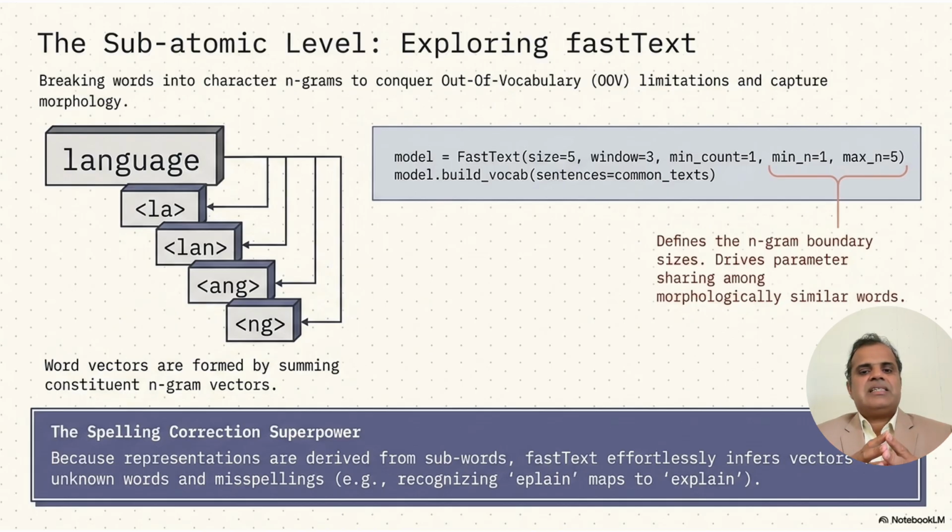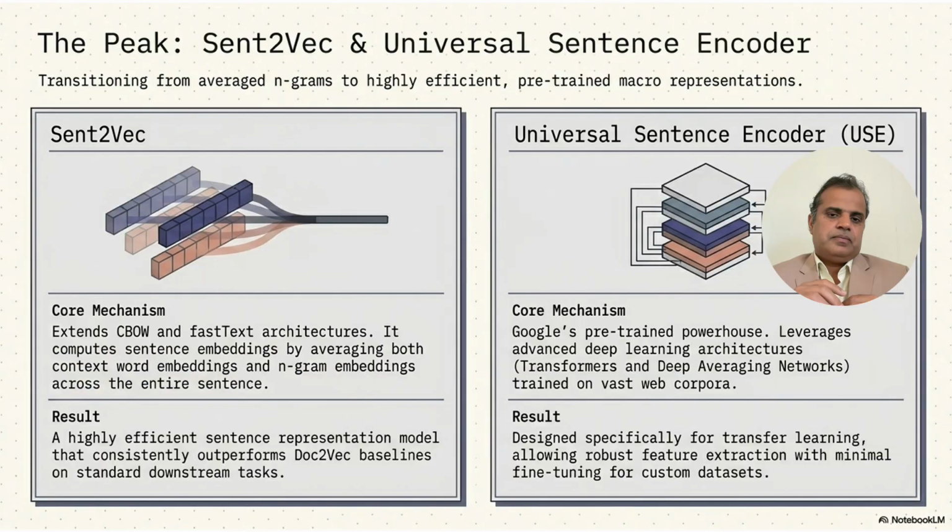This is a spelling correction superpower because the representation is derived from subwords, so FastText can infer the meaning of typos. Like if you want to write the word explain and you have missed the character X, then it recognizes it and will definitely give you as an alternative suggestion the complete word explain. It captures the internal morphology that word level models completely miss.